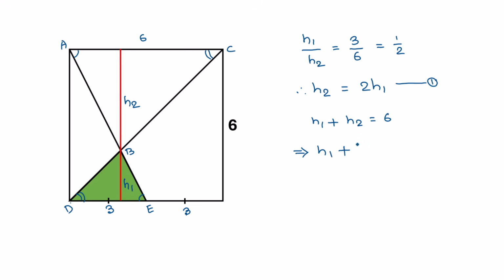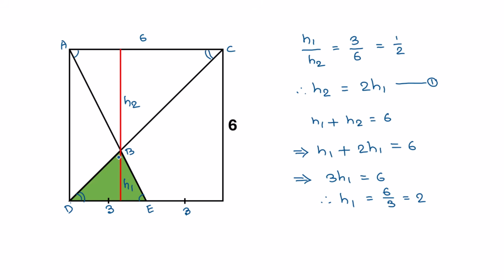Now substituting it here, H1 plus 2 times H1, this is 3 times H1, is equal to, right side is 6. Now dividing both sides by 3, we get the value of H1 is equal to 6 divided by 3, which is 2.